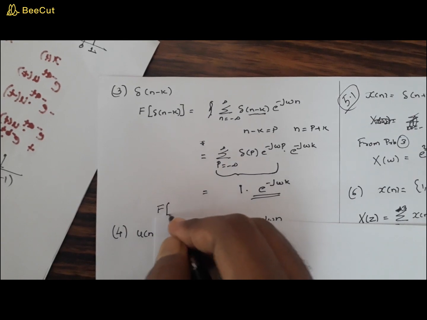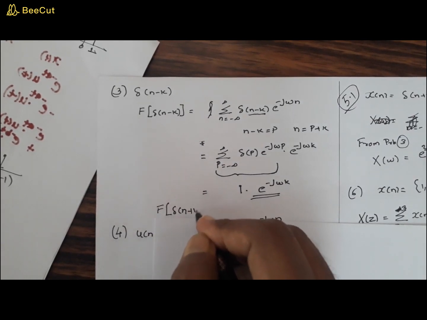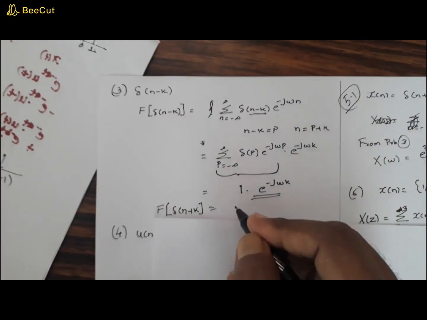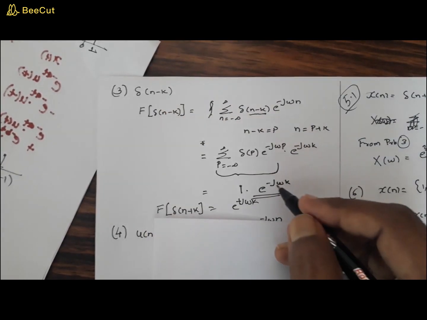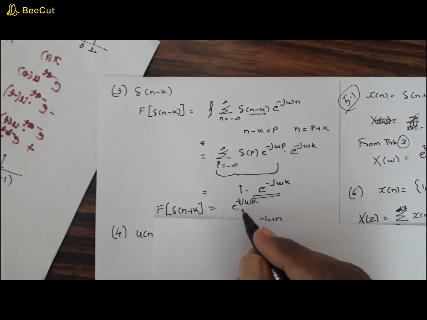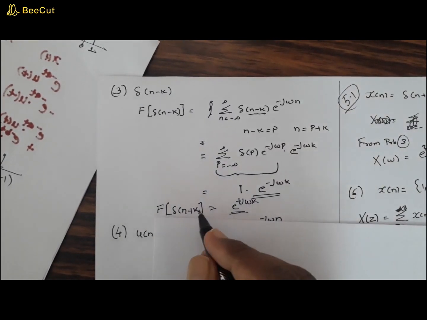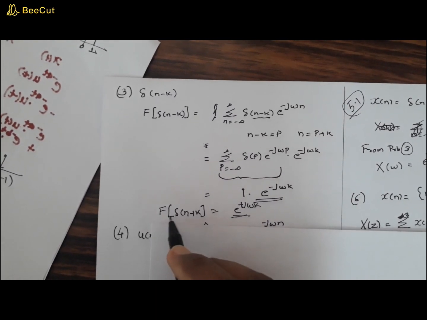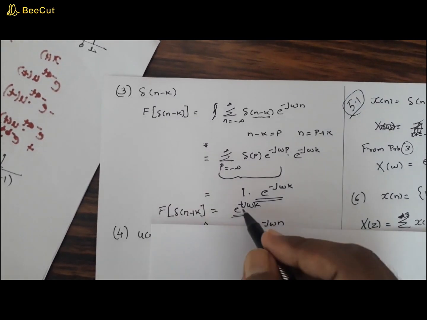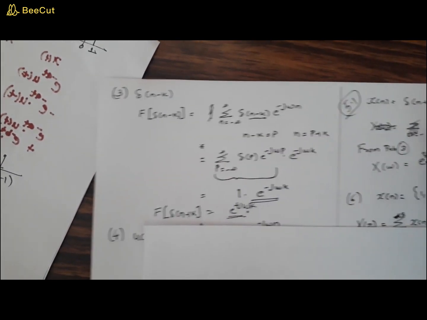So what must be the Fourier transform of del of n plus k? Following this, it will be e raised to plus j omega k. If n minus k gives e raised to minus j omega k, you can also prove that. This is given as an exercise for you: find the Fourier transform of del of n plus k. You can prove this to be e raised to plus j omega k.